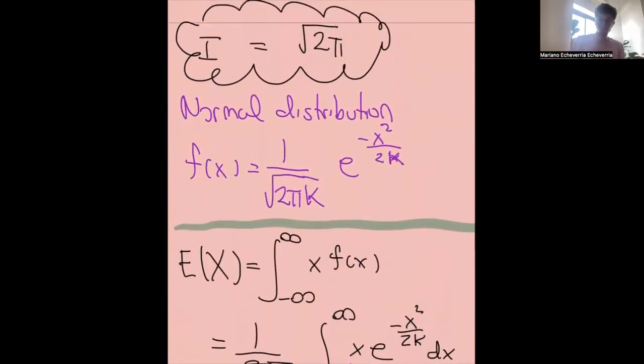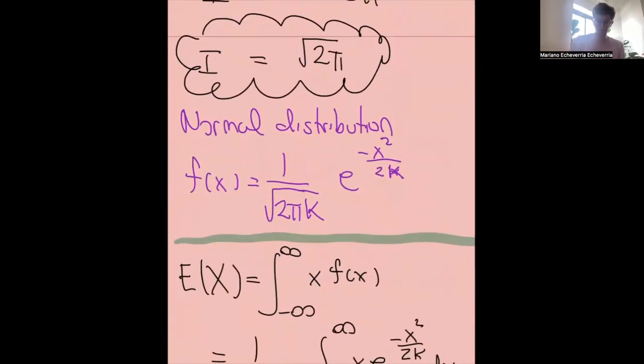You'll see towards the end of the course it's a very important distribution because it's related to the central limit theorem, which will probably be almost the last class of the course. That's why it's called the normal distribution: it's a very typical distribution that appears in probability problems.